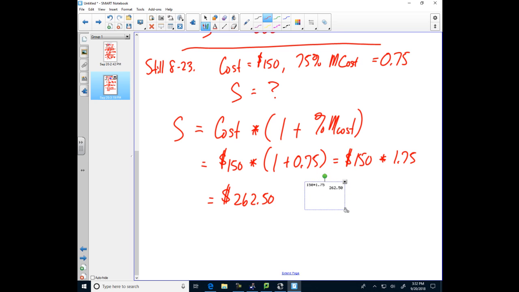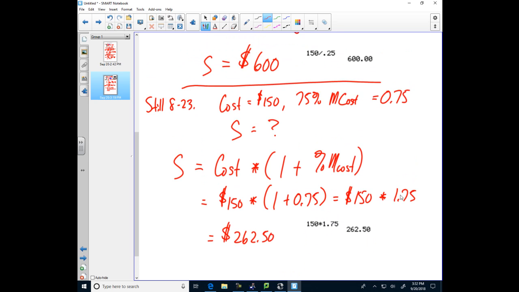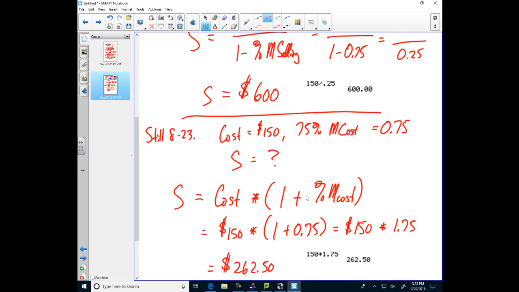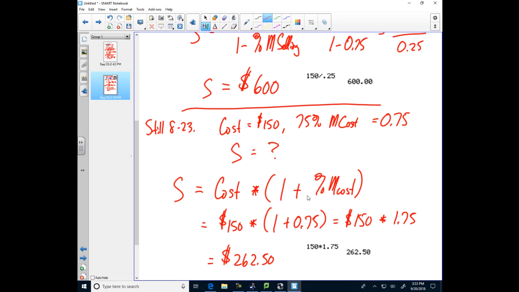Is there any difference? There's a lot of difference, isn't it? $600 versus $260, $250. So it makes a difference. You got to pay attention to what you're basing your markup on. Okay?